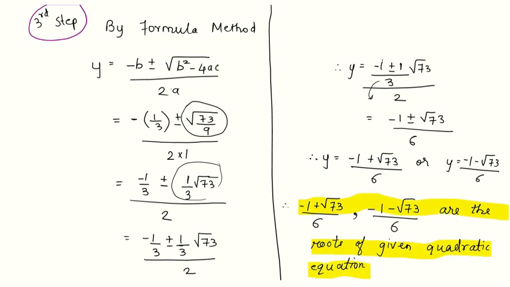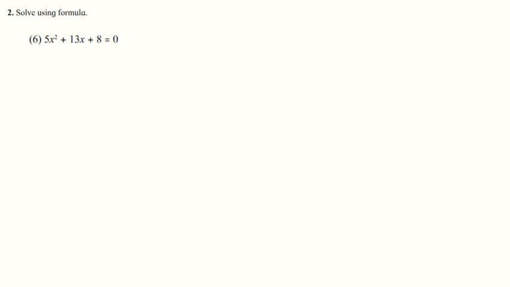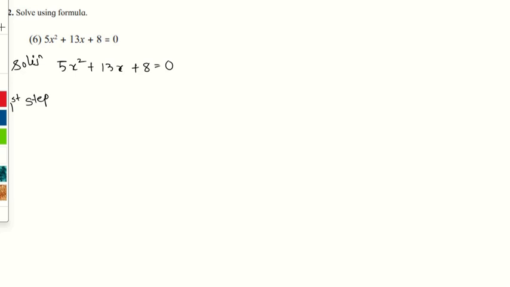Let's move on to the sixth one. The sixth equation is 5x square plus 13x plus 8 is equal to 0. So first step, compare the given equation with ax square plus bx plus c is equal to 0.